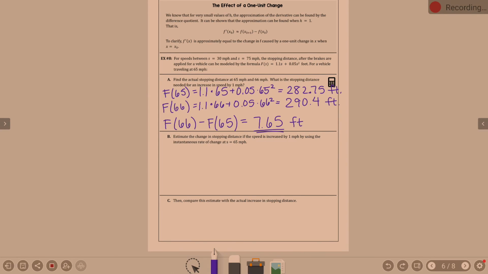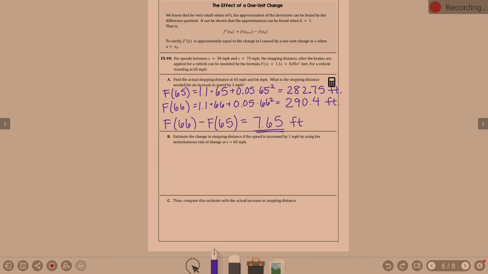Part B, when you're ready. Estimate the change in stopping distance if the speed is increased by 1 mile per hour by using the instantaneous rate of change at s equals 65. Okay, so we just used the formula, found f of 65 and f of 66, and subtracted those to find the stopping distance between the two.